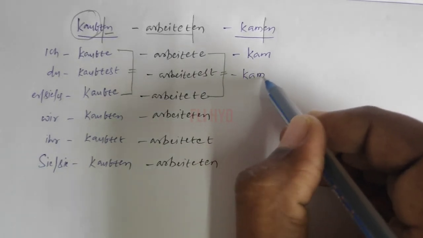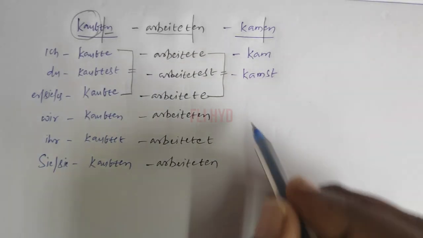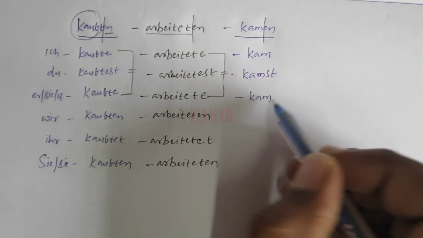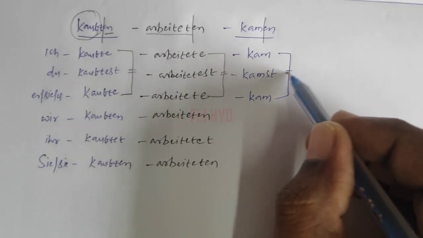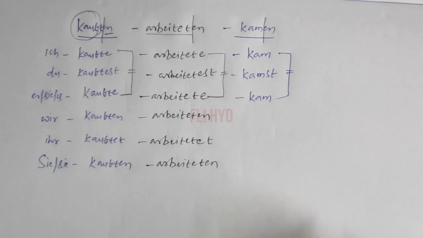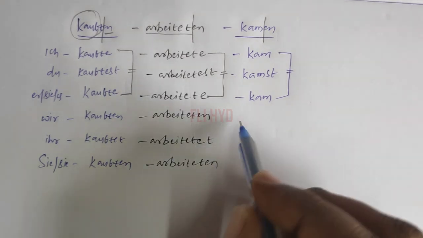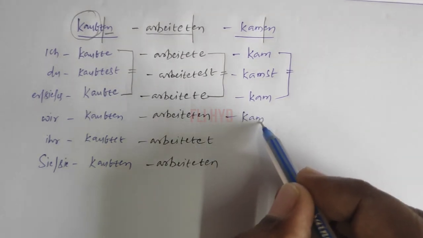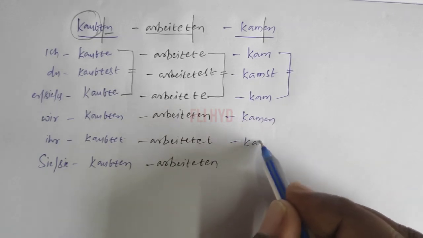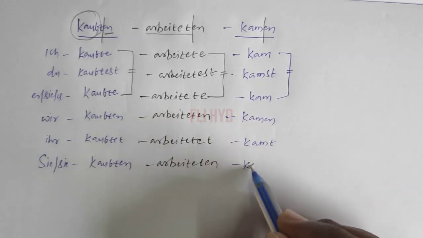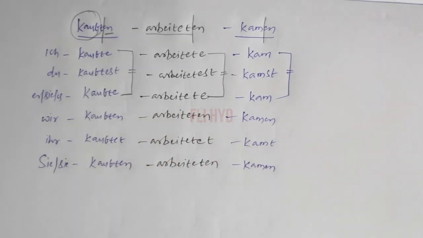Du kamst. Er again kam. So these two are always the same. In the past tense, the ich and er forms are the same for weak verbs and strong verbs, in all cases. Wir kamen, ihr kamt, sie, sie kamen. Clear?